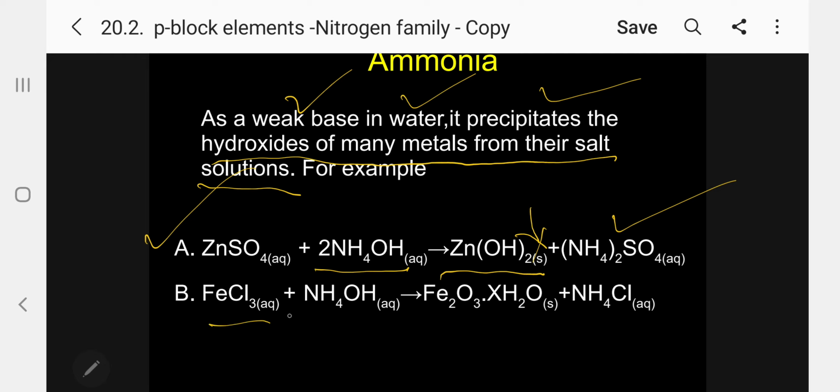The same way, ferric chloride with ammonium hydroxide reacts to give ferric hydroxide as a precipitate, then ammonium chloride, which is soluble in water. So it precipitates the hydroxides of many metals. In this case, I have taken the examples zinc sulfate and ferric chloride from the salt solution. Please follow. This is the most important property of ammonia in the form of aqueous ammonia.